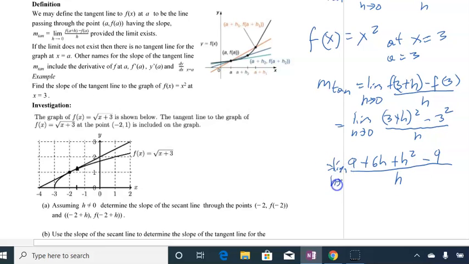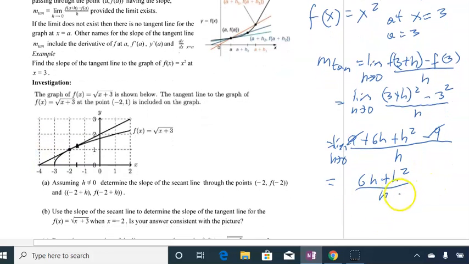Limit h approaches 0. This 9 cancels out this 9, so we end up with 6h plus h squared all over h. But then we can factor out this h. So keeping our limits, h approaches 0, we're ending up with the limit as h approaches 0 of h times 6 plus h, all over h.